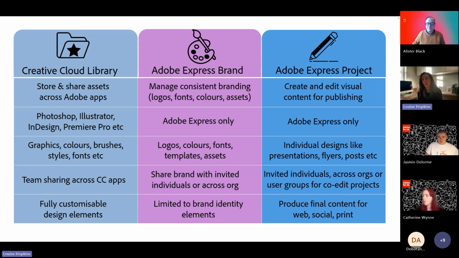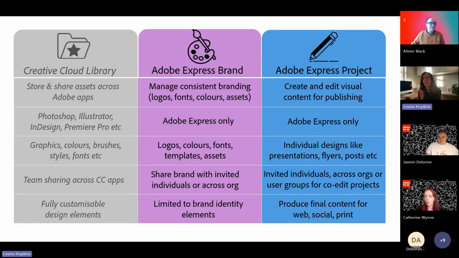Now, what we're going to cover today is Express brands and Express projects, which are similar to CC libraries, but different in a way. Express allows us to manage our logos, fonts, colours and assets within Express.